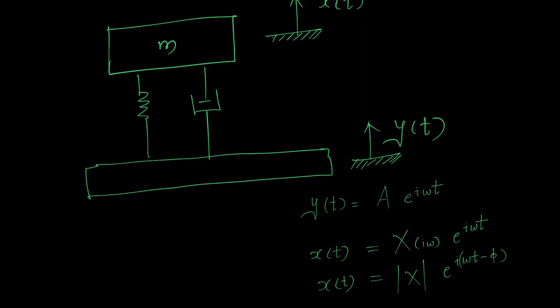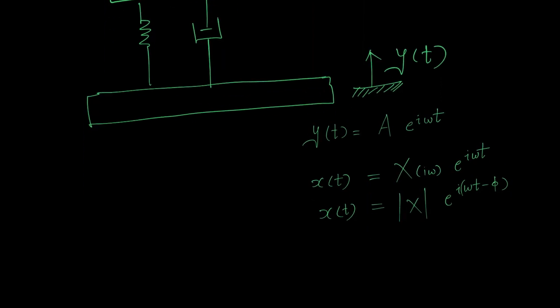Now the response can be written like this. Since the excitation has a frequency of little omega, my response will also have a frequency of omega. And always remember that this capital X of i omega is a complex number, so it will have a magnitude as well as a phase.